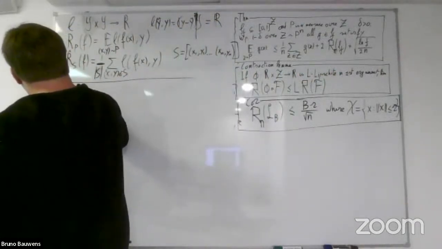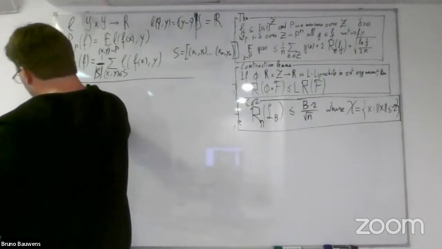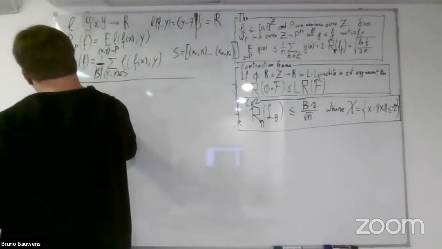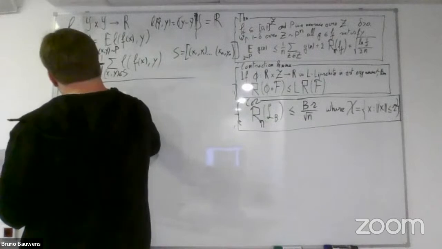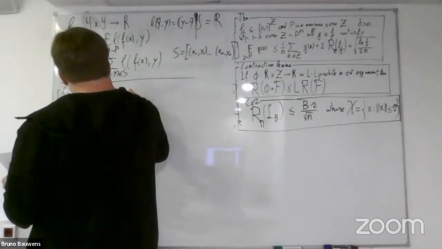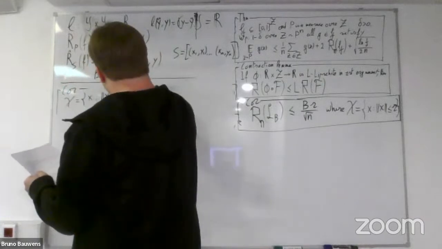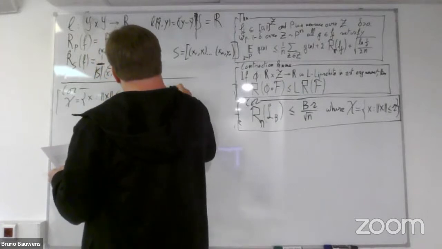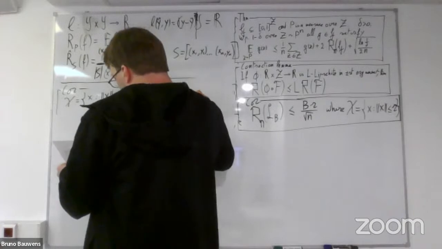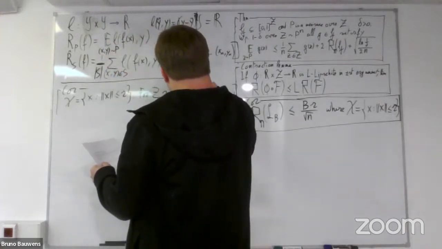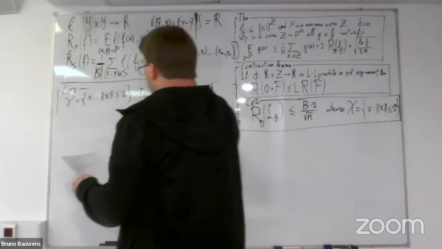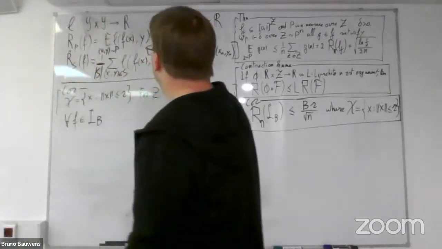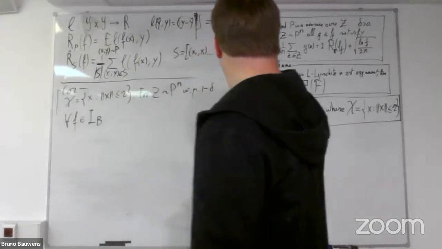Here, for all of these, with x equal to just a ball of radius r in Euclidean space, with probability 1 minus delta, for all f in LB. I erased the definition of LB, but I guess you remember it, right?